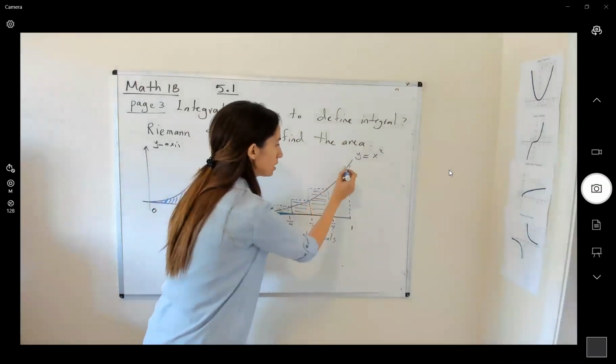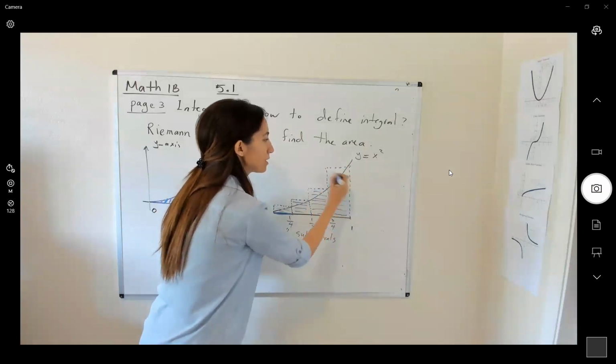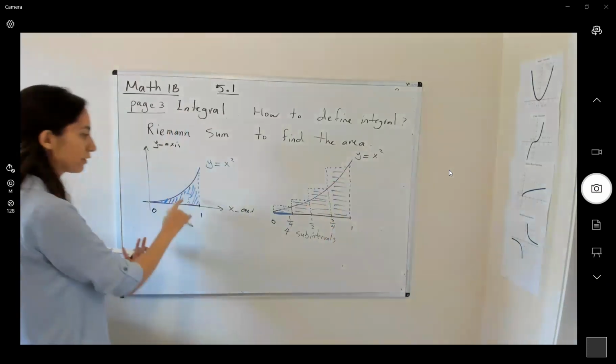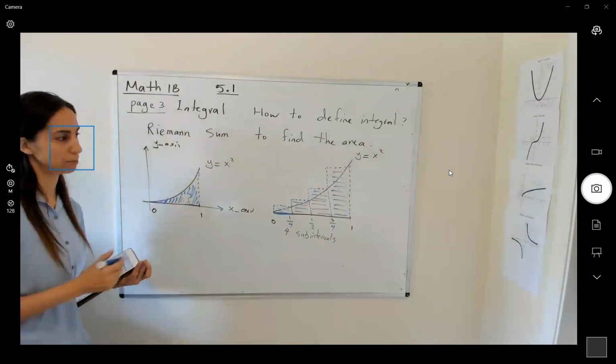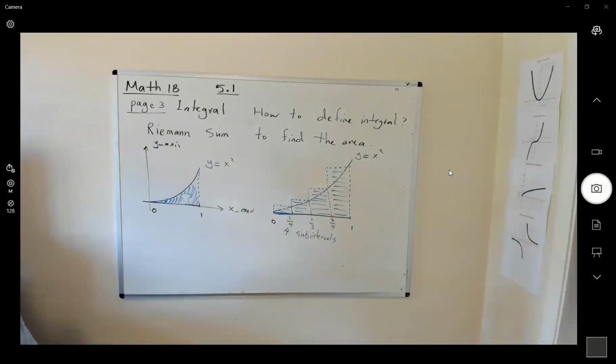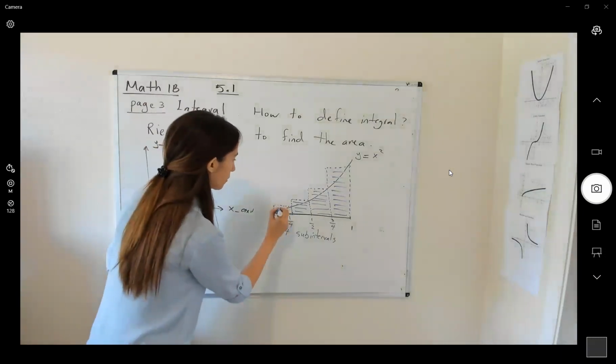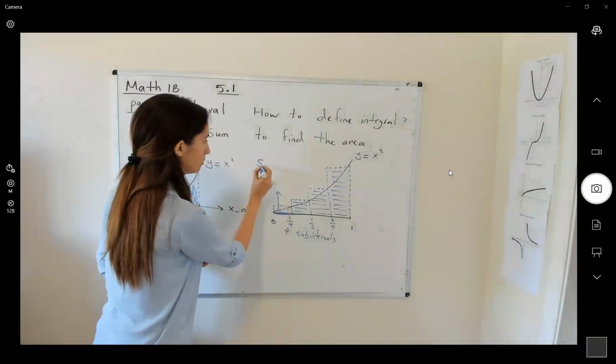And use these areas to get a sense of the area of this object here. Okay, perfect. So let us call this first area S1.